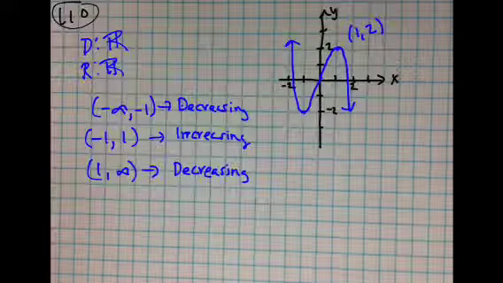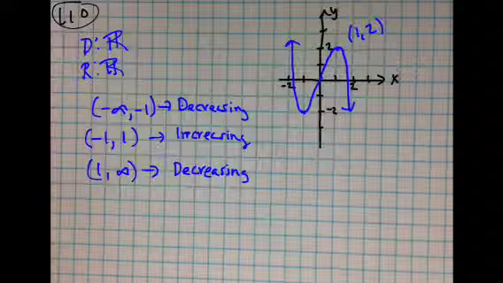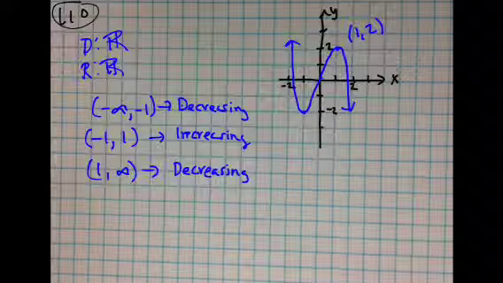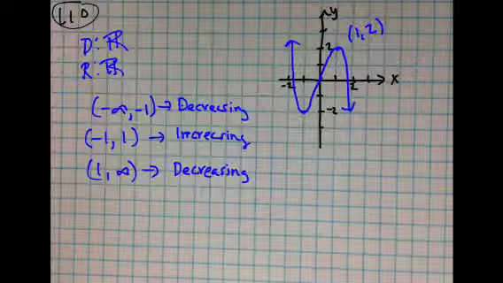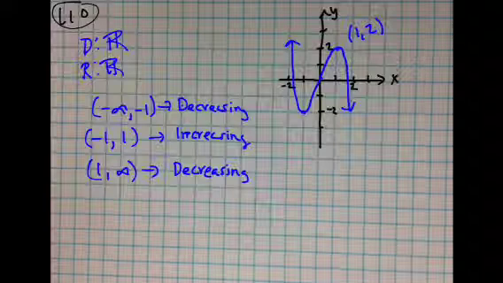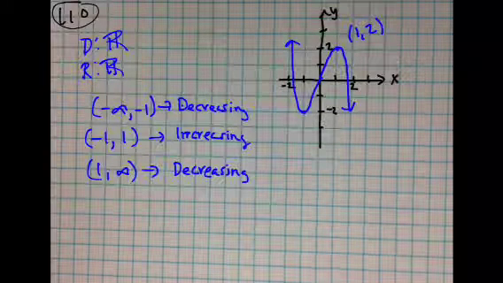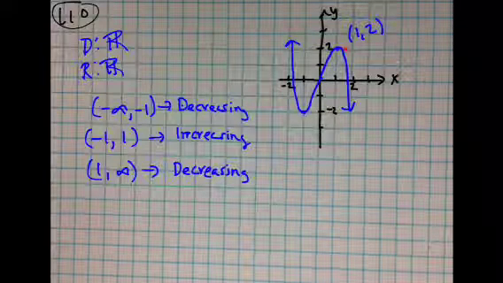Okay, and then find any relative minimum and relative maximum. Okay, well this graph doesn't have actual max or min, because this goes on forever to the top and this goes down forever to the bottom, but relative minimum and relative maximum it does have. If we look only at a portion of the graph, like for example, if we choose this section right here, this up here would be the relative maximum.